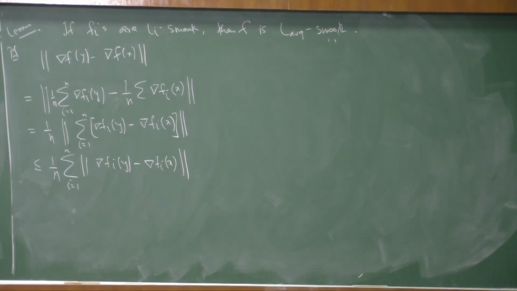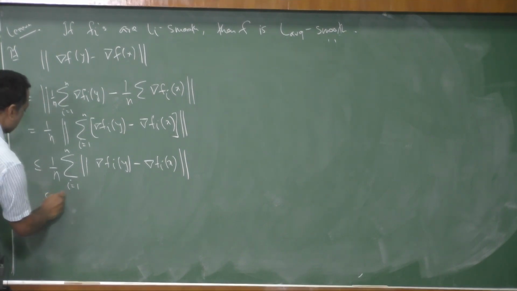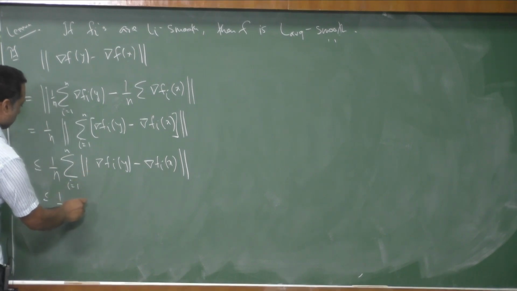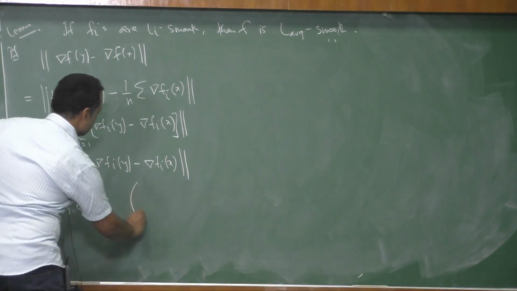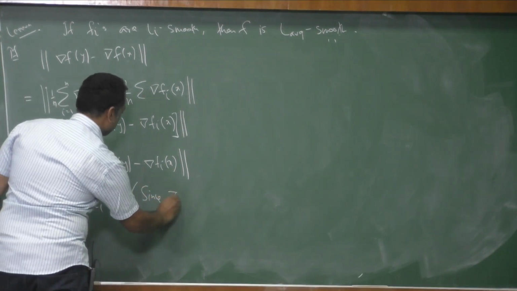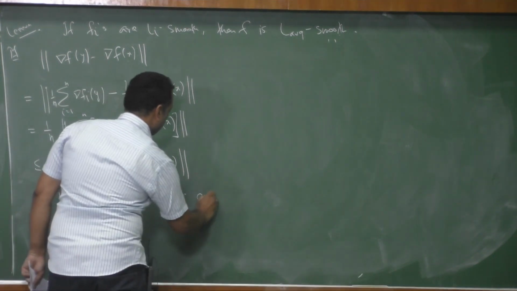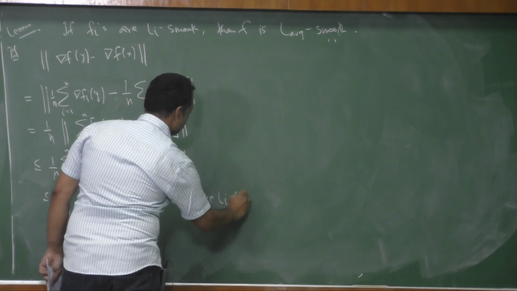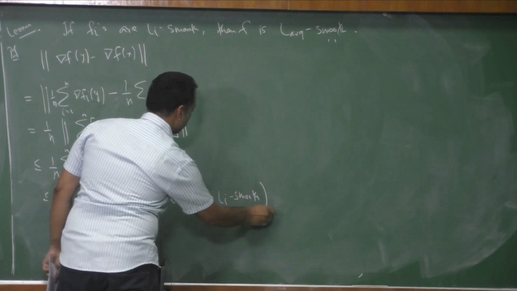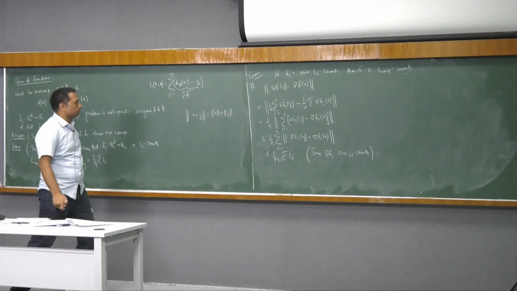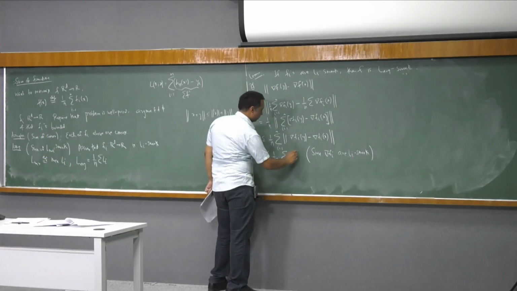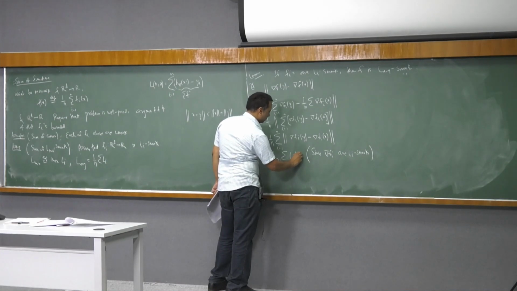This is less than or equal to the sum of Li, since grad fi are Li smooth. Oh, this is smooth, sorry, not continuous. So here we will have norm of y minus x.